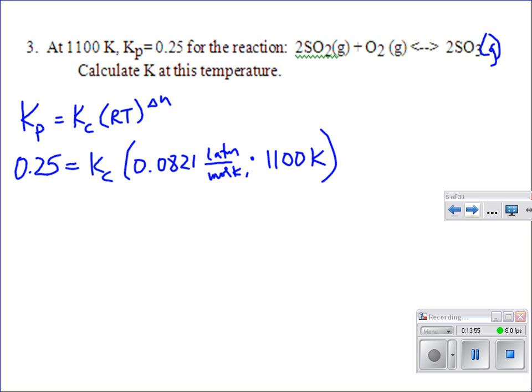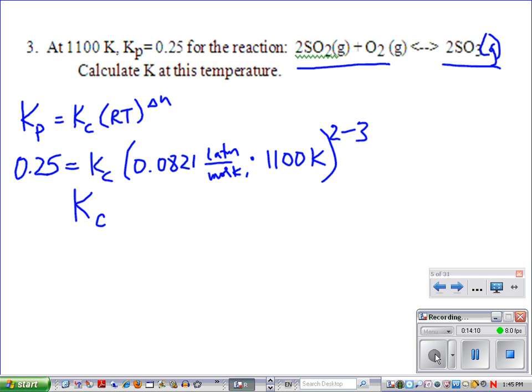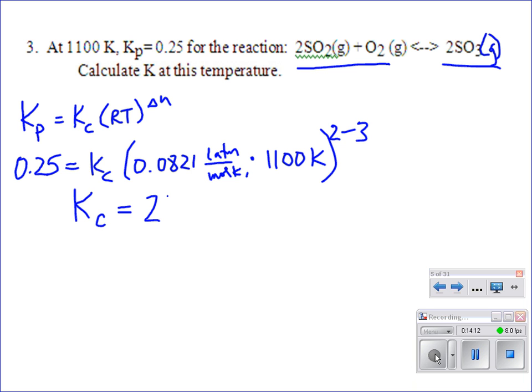So go to products. How many moles of gases are on the product side? 2. How many moles of gases are on the reactant side? 3. There we go. Go ahead and solve. All we need to do is use 2 sig figs there. So we get an answer of 23. And again, you don't need units. I know it feels weird not having units, but enjoy it. It's one of the few times you get to do that.